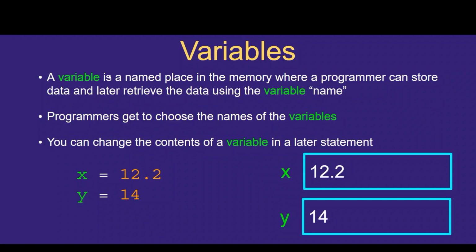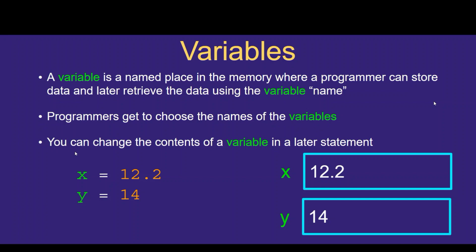Now look at this. A variable is a named place in the memory where a program can store data and later retrieve it using the variable's name, like I just explained. The programmer has to choose the name of the variable. So you are the one to create the name of a variable, right?